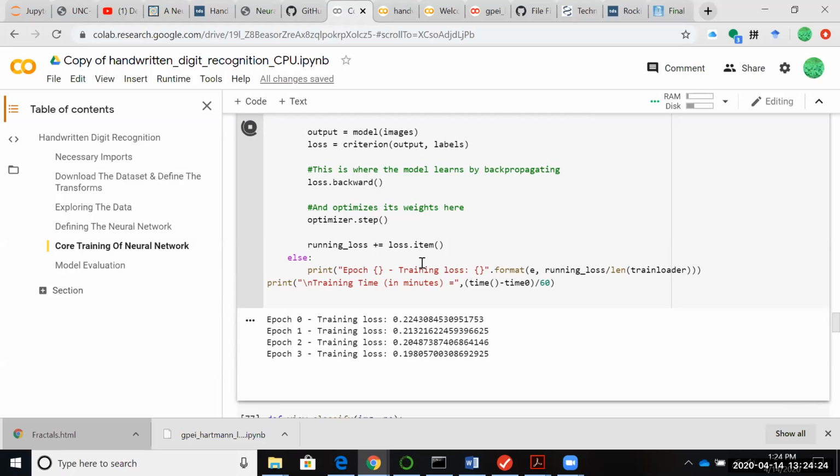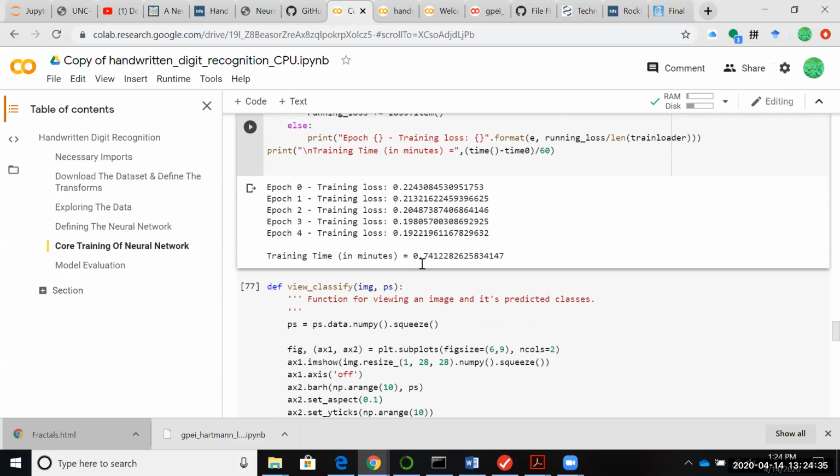Specifically, rerun the box right above it, because that's where view classify is actually defined. Yeah, I have not run into that error yet. I did run into an error when I tried to change it to show 64 images, and I couldn't quite get it to show all 64 images.